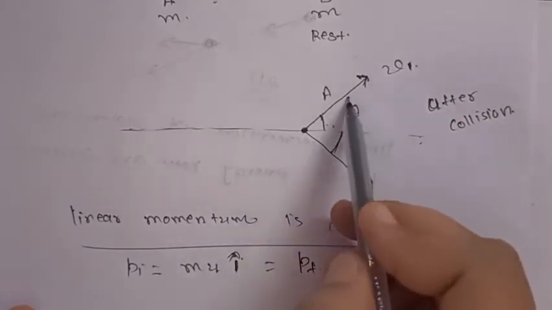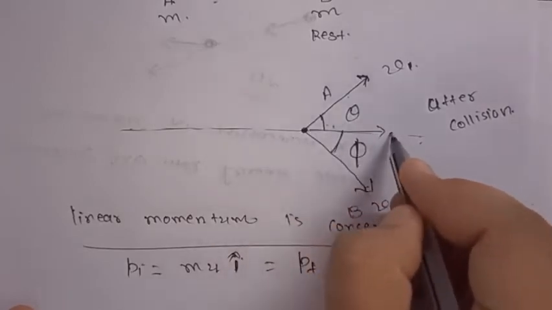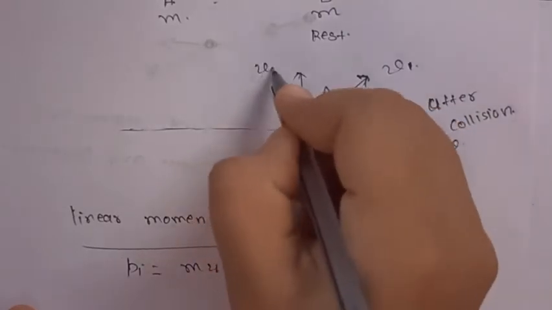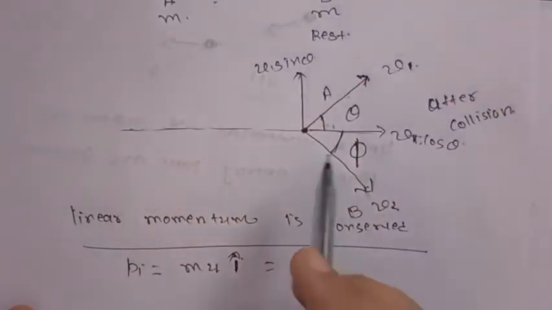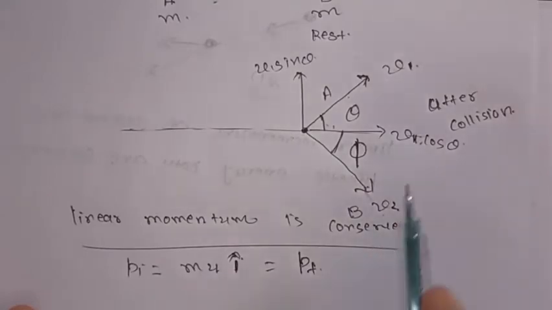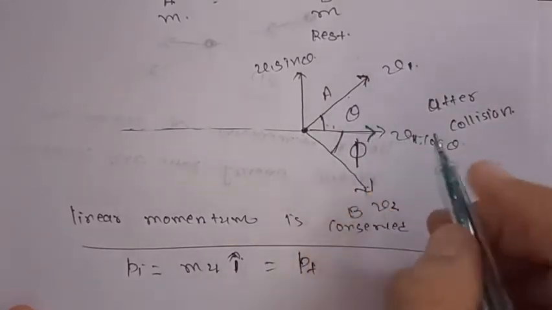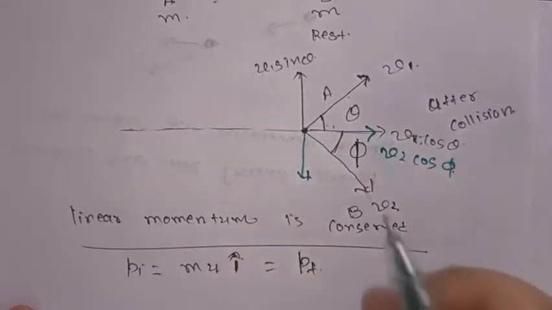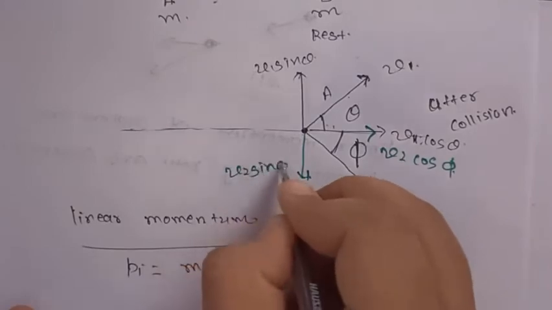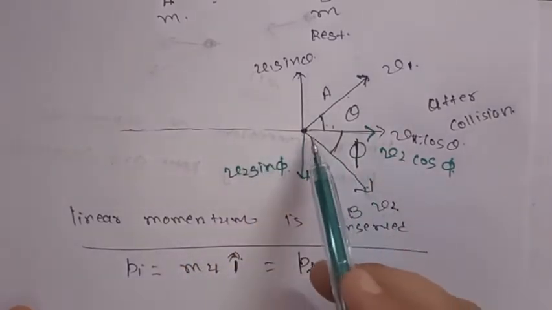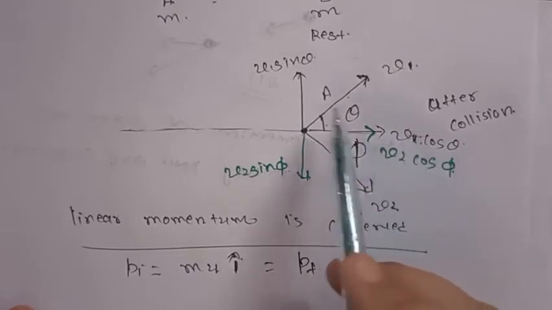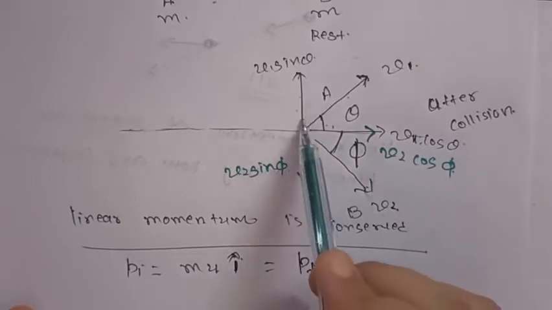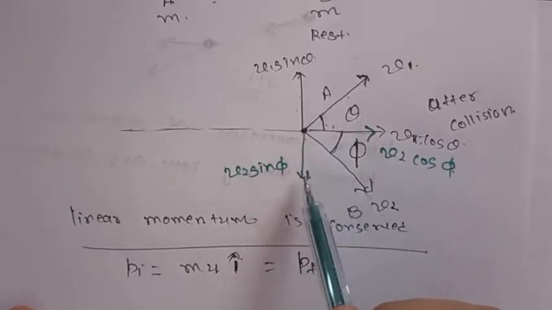We can divide this velocity into two components. This will be v1 cos theta and this will be v1 sin theta. Same way we can divide this v2 component. This component will be v2 cos phi and the perpendicular component will be v2 sin phi. As we want linear momentum only along the x-axis, these components along the y-axis should have the same magnitude and be directed in opposite directions, so they'll cancel out each other.